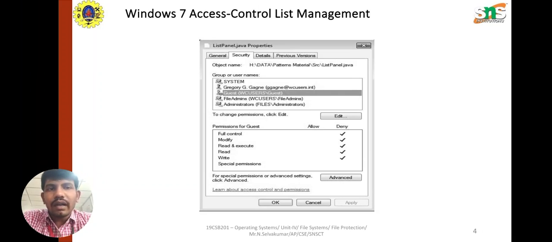We have to allow or deny these operations for the guest, and only then can they use the files on their systems. For special permissions or advanced settings, we click Advanced and identify the different advanced file protection settings for these guests.